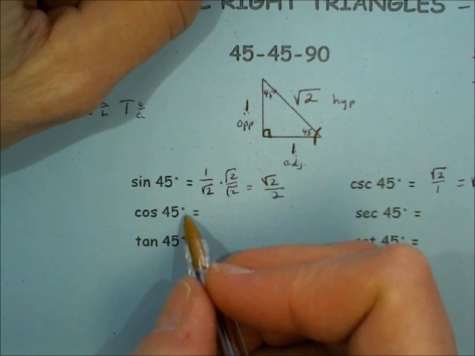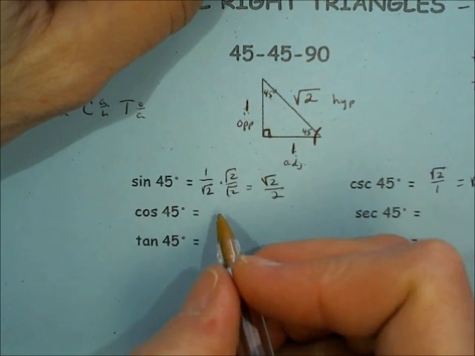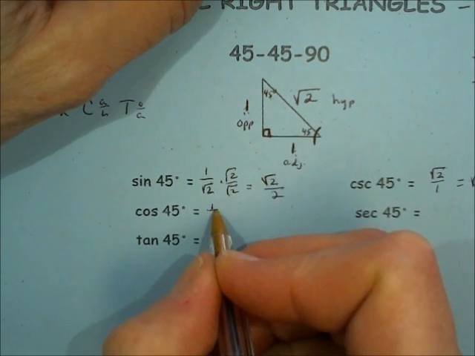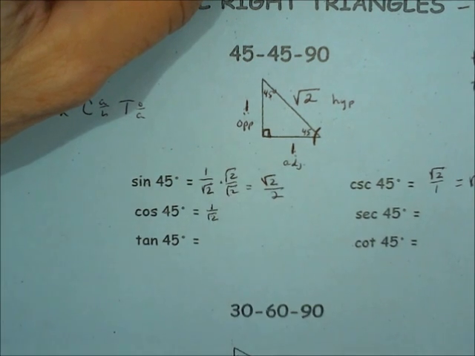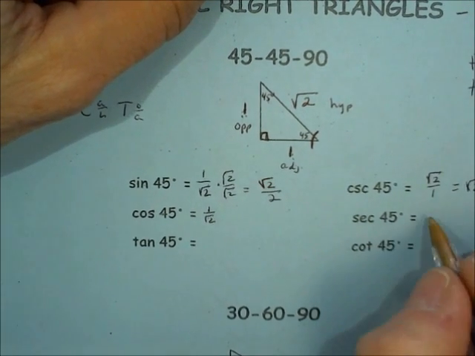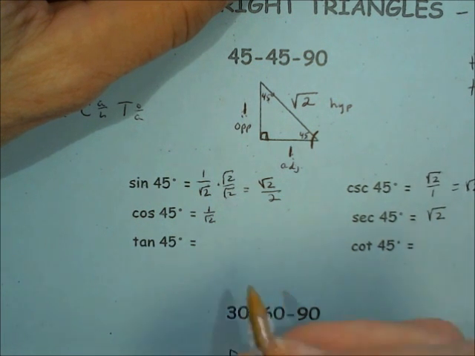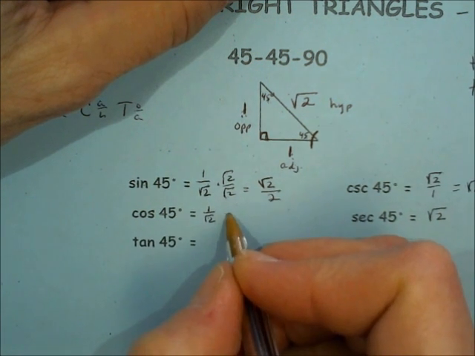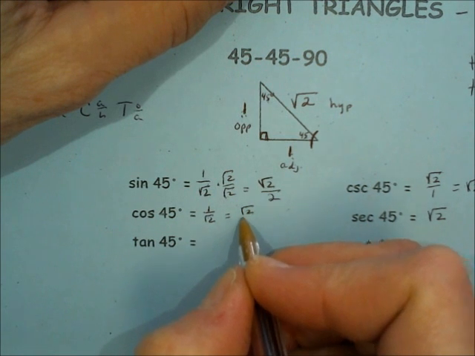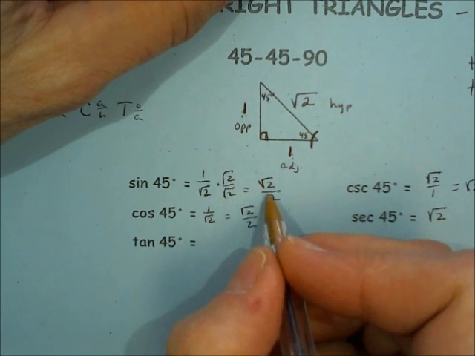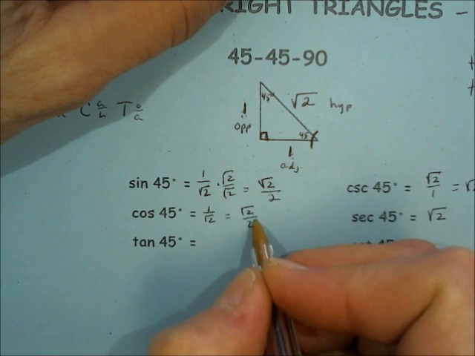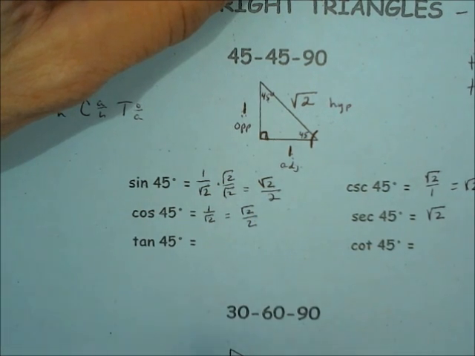The cosine of 45 is adjacent over hypotenuse. It's the same exact thing, 1 over the square root of 2. The secant is the same exact thing, the square root of 2 over 1. If you rationalize this denominator, you get the square root of 2 over 2. So the sine of 45 equals the cosine of 45, which both equal the square root of 2 over 2.